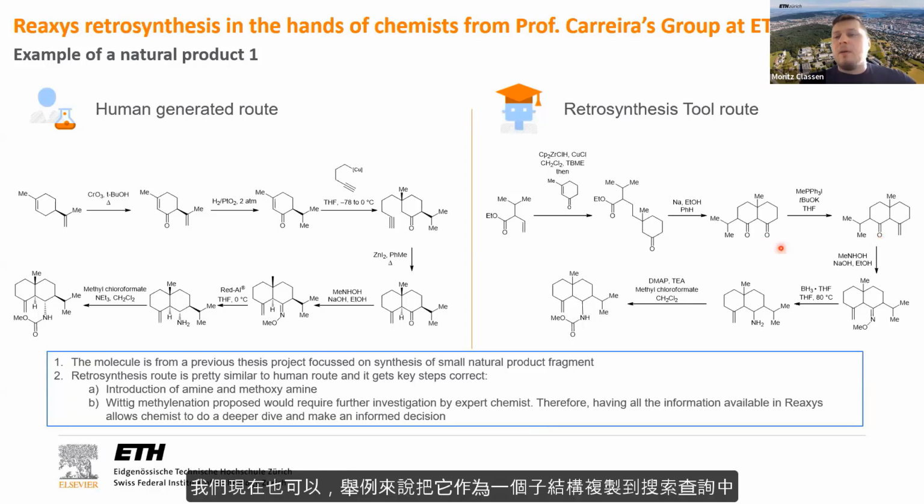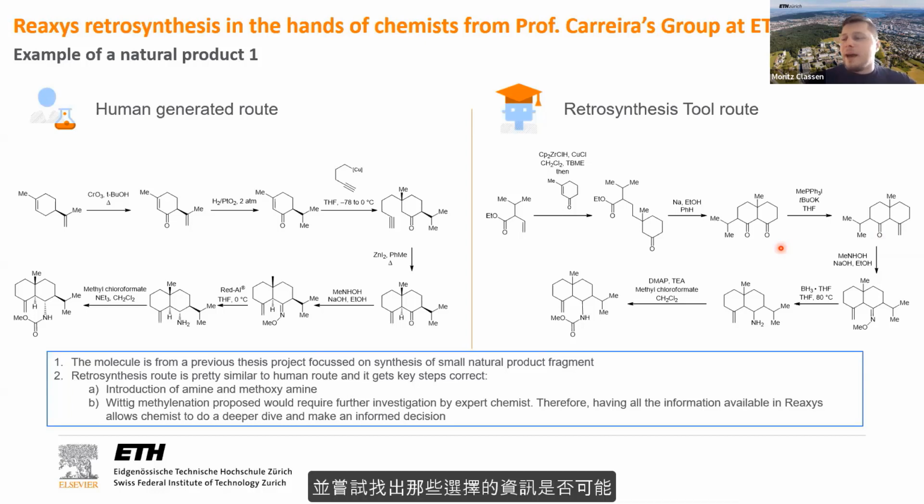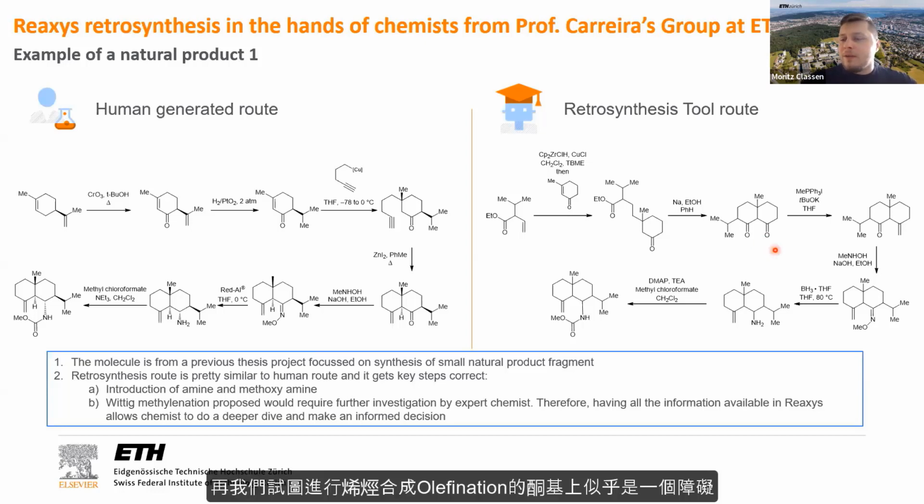We can also now, for example, copy this as a substructure to a search query and try to find out whether those kind of selective olefinations are possible. On first glance, for example, I would say this is very much a possibility. The ketone that we try to do an olefination on here seems to be the less hindered of the two.